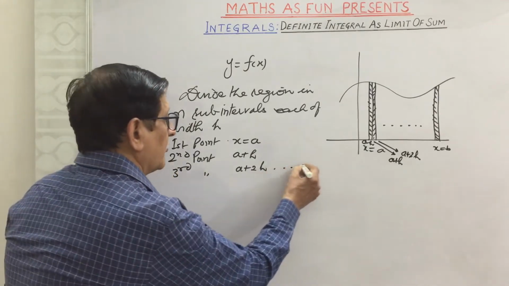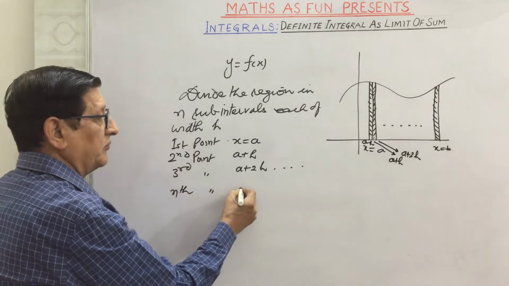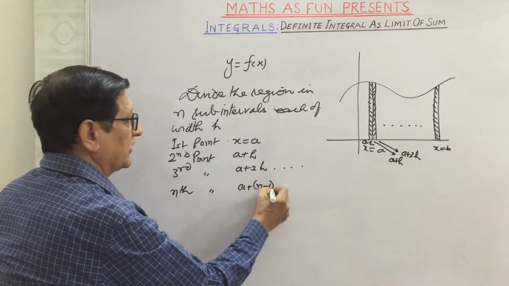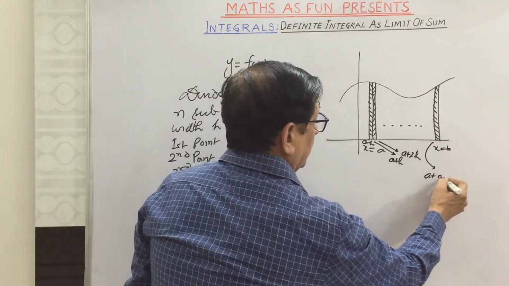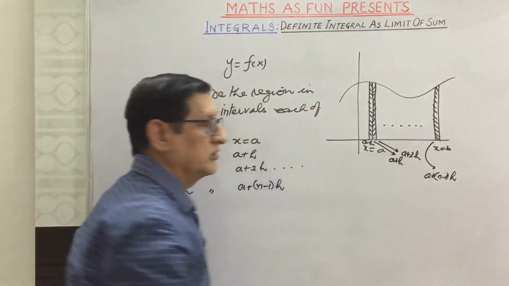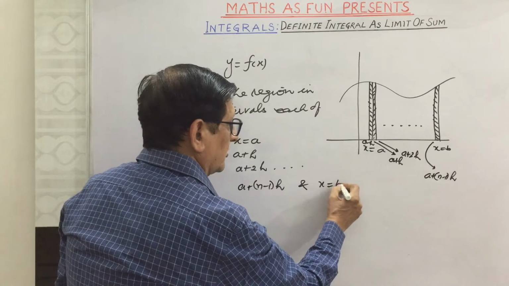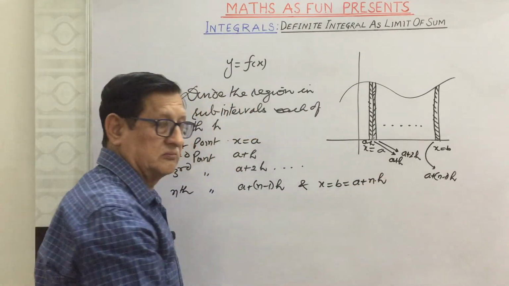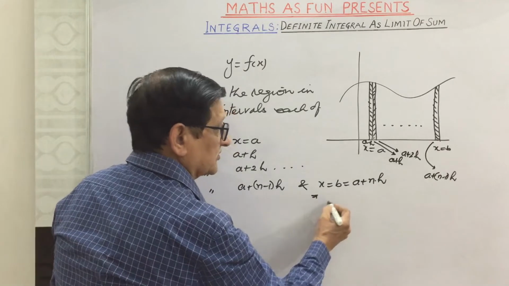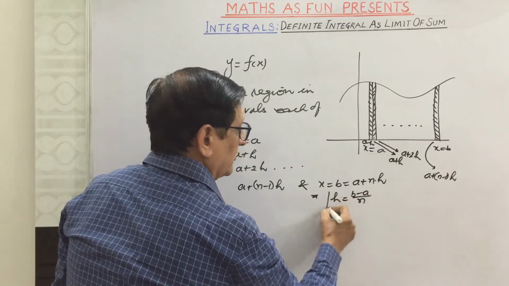Same way, when we continue, the nth point will be a plus (n minus 1) into h. And the last point, that is x is equal to b, will be a plus n into h. Can we say from this that h is equal to (b minus a) upon n, or not?